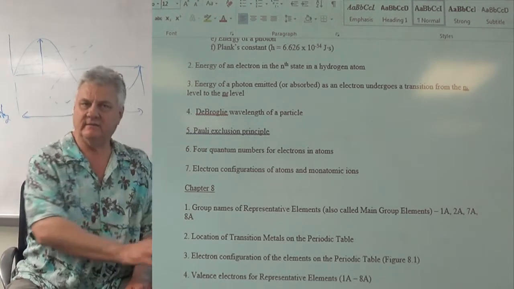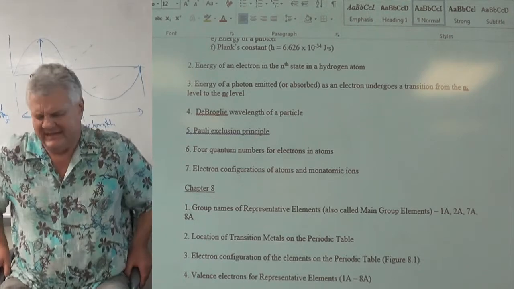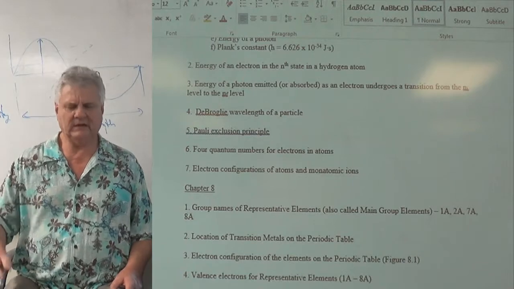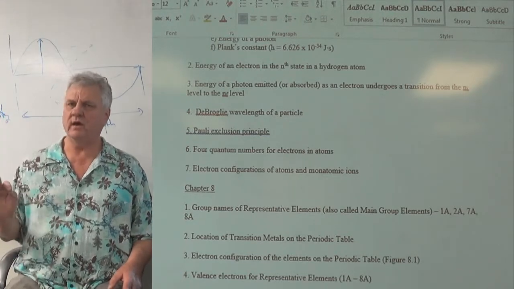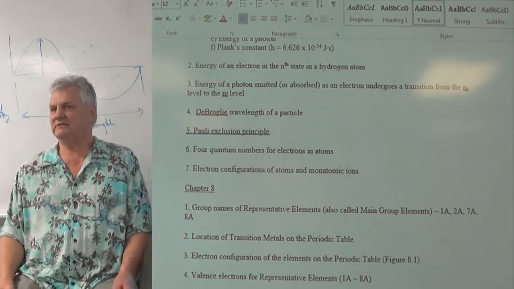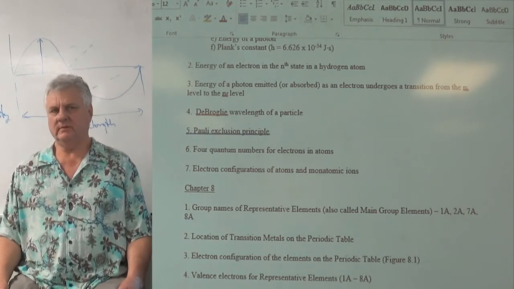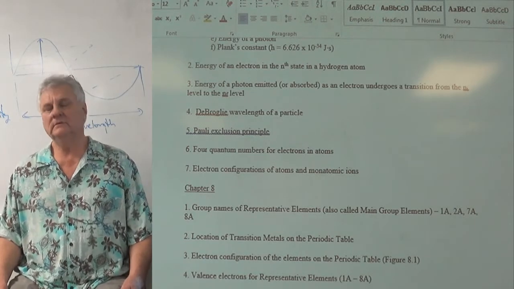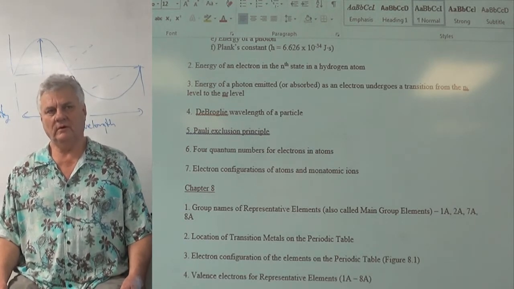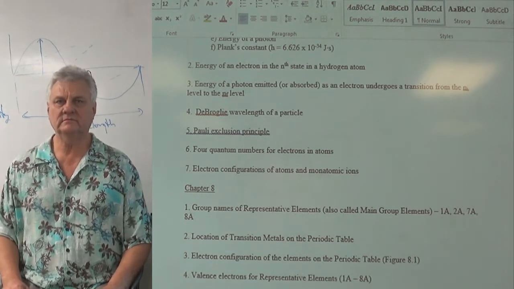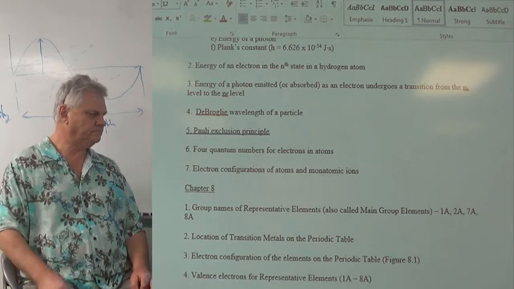So when you have a multi-electron atom, which is any atom except for hydrogen, when you have 2 or more electrons in an atom, each electron has to have a unique set of 4 quantum numbers. There can't be 2 electrons in the atom that have the same 4 quantum numbers. At least one of them has to be different. Okay?